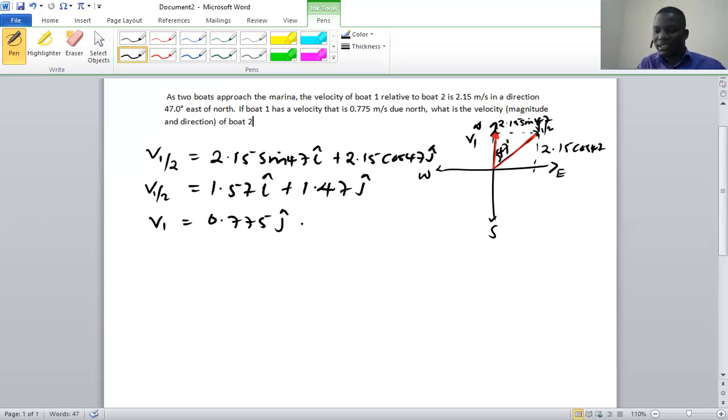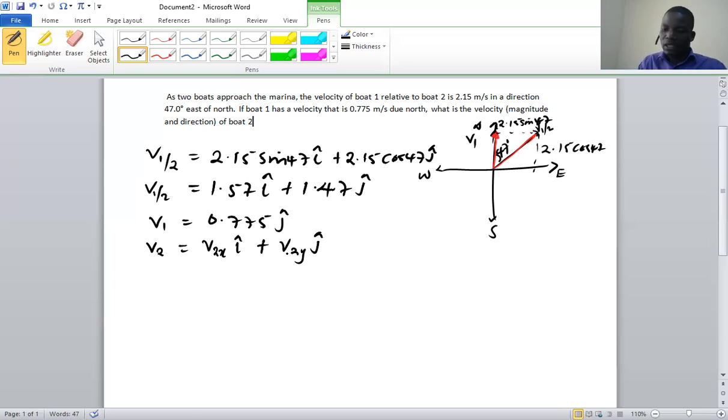The angle there is 90 degrees, so cos 90 gives 0 and sin 90 gives 1. For the velocity of boat 2, we're going to have v2x i plus v2y j. Those are the components we now need to find.